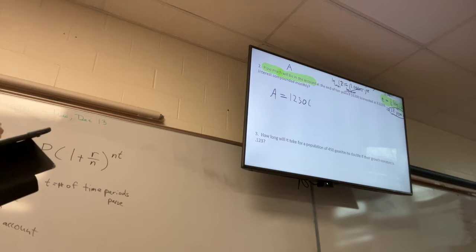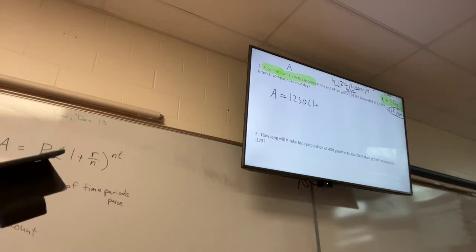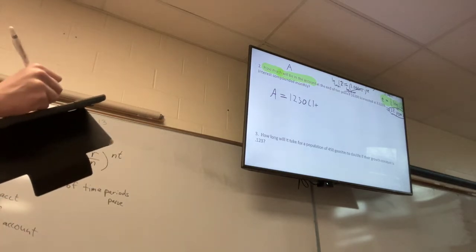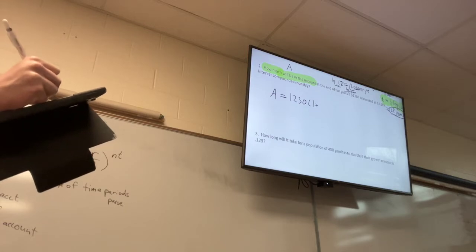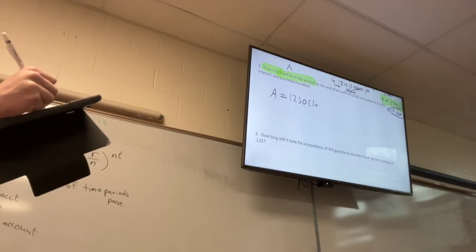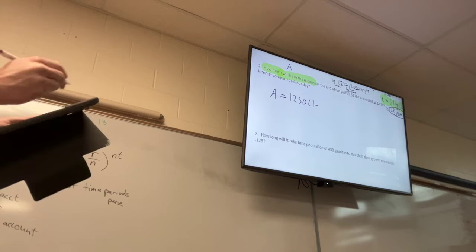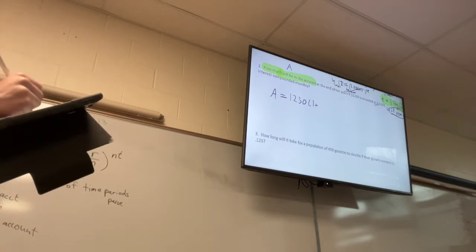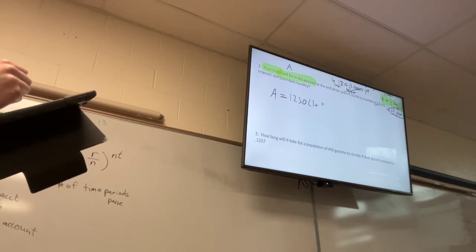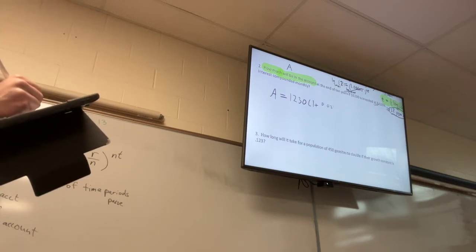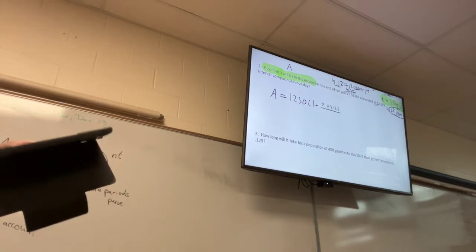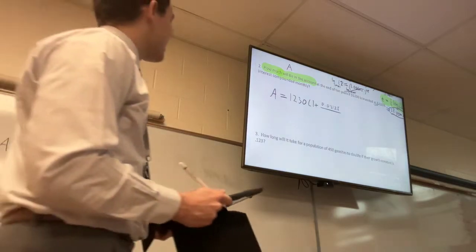Then we have 1 plus, what's my R? I take this percent they gave me and move the decimal place over twice. So it's 0.3125. Then how many times a year?